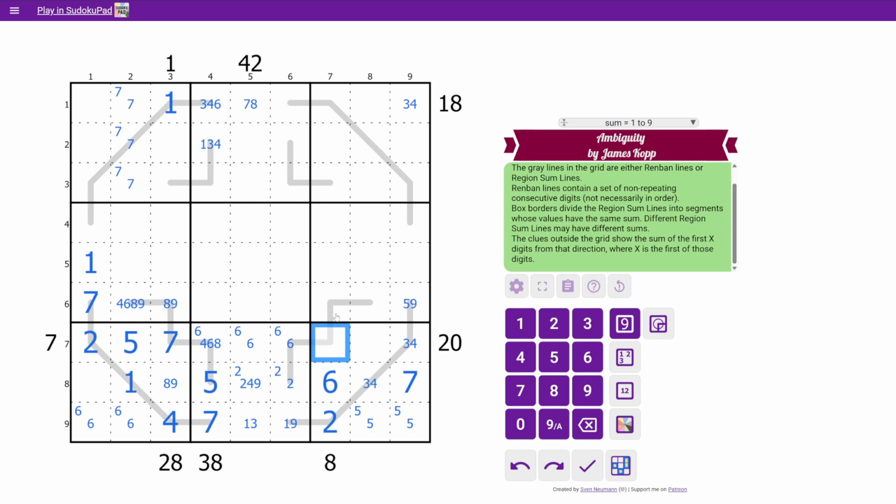Interesting. 2, 3, 4, 5, 6. This could still be kind of a Rinban as well with that. Although not if this was a 2, 6, that would not work.